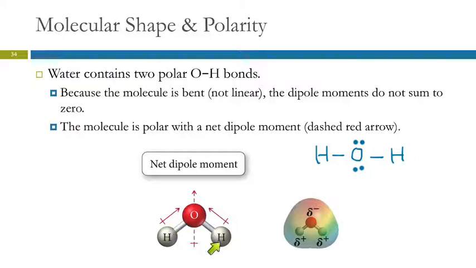So this is the structure. These are also polar bonds. They are equal in strength because they're between the same 2 elements, hydrogen and oxygen. But now oxygen is pulling density from hydrogen at an angle, and it's pulling density from the other hydrogen also at an angle.